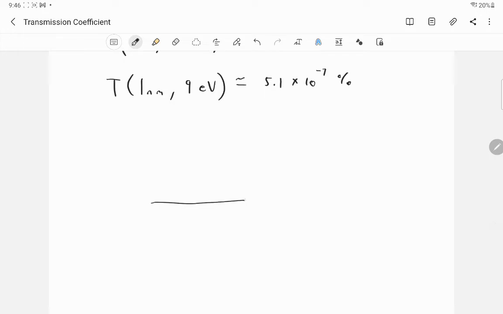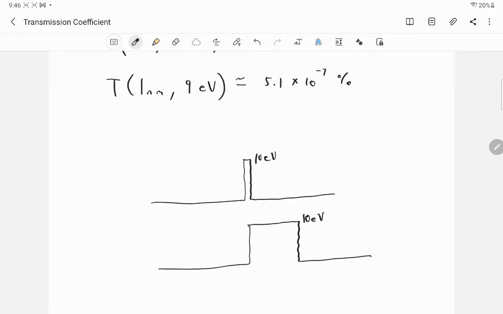I can try out a 1 nanometer wide, or I can try out a 5 nanometer wide, but in both cases, it's 10 electron volts tall.